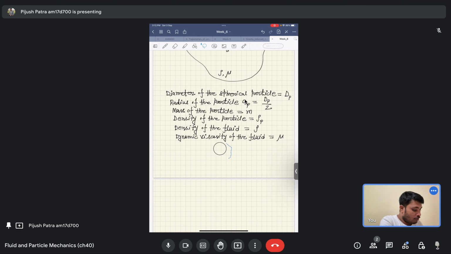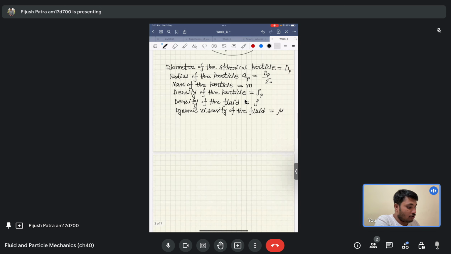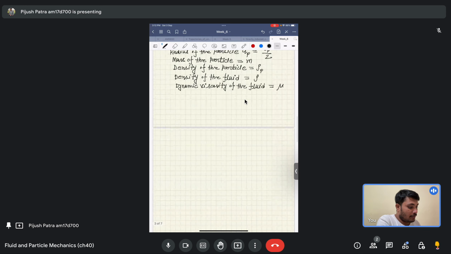Now what are the different forces which are acting on the particle? Can someone tell me what the different forces acting on the particle are? So let me draw the free body diagram of the particle.